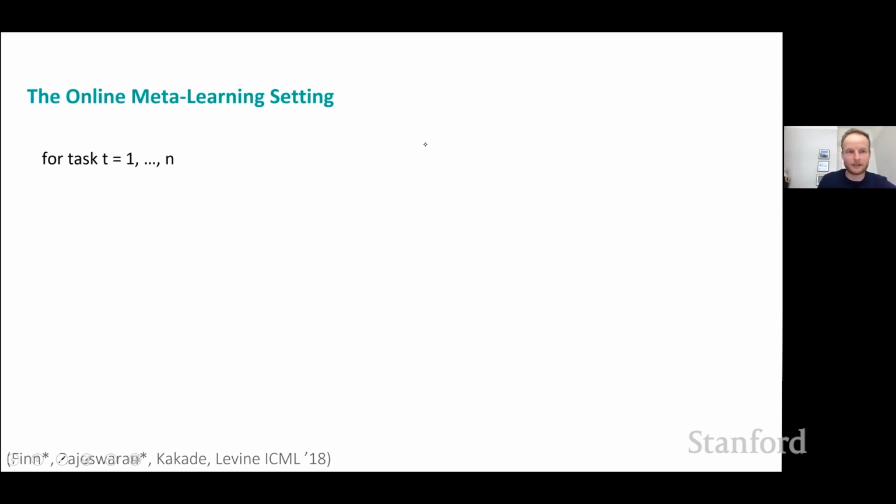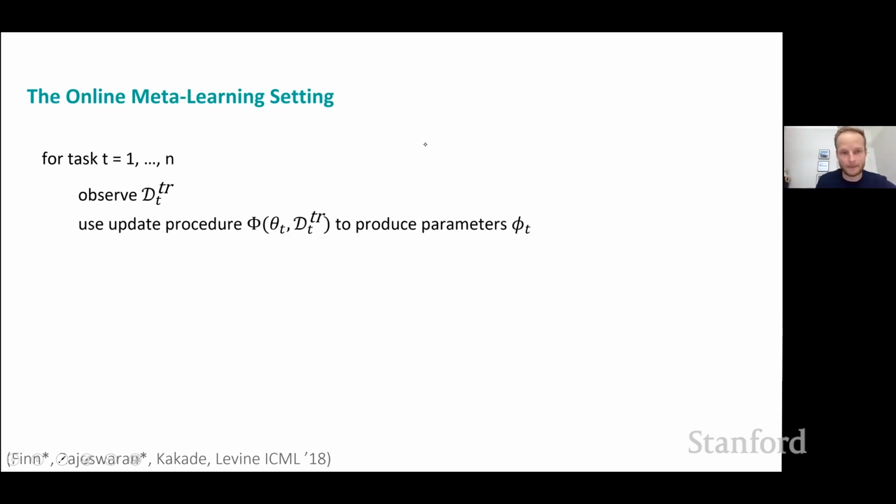So for this online meta-learning setting, this is what we'll do. For every task, we'll observe a little bit of a training data set, D^tr_t. Then we can use some kind of update procedure to update our parameters, to produce the new parameters φ_t that take into account this little data set that we just observed.